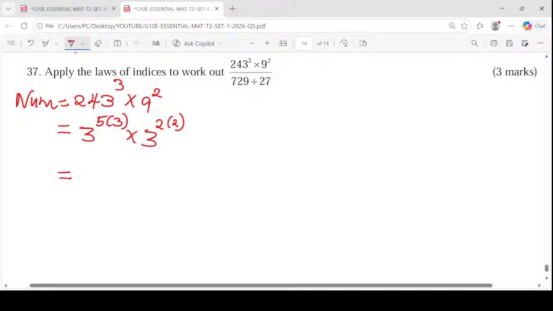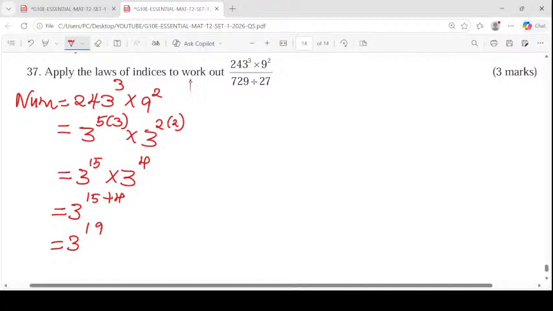This will become now 3 power 15, being multiplied by 3 power 4. Under the laws of indices, when you are multiplying, you add the powers. So this will become 3 power 15 plus 4. This becomes 3 to the power of 19. That is your numerator.